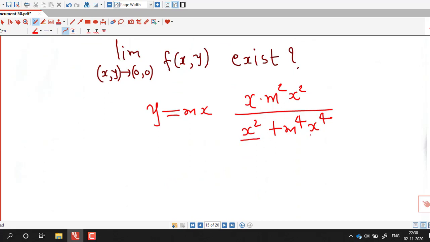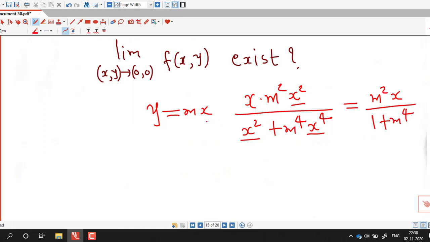Now x square is common, so it cancels out, and we are left with m square x over 1 plus m raised to 4.